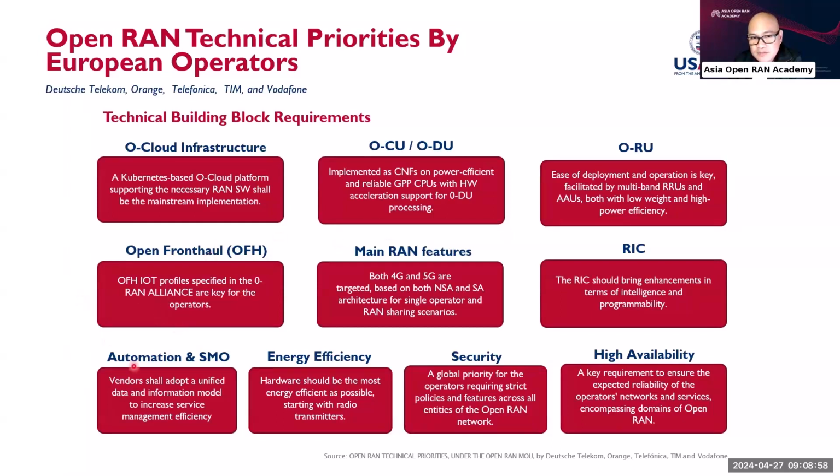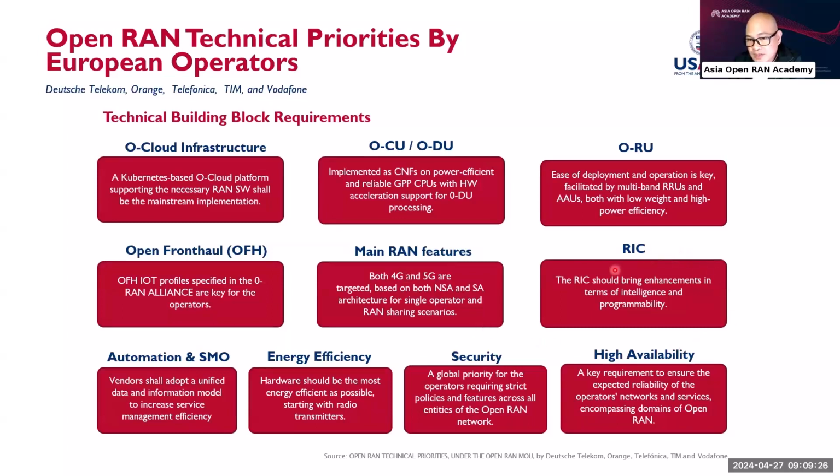There's also a definition of the open fronthaul, RAN features. For example, for the RAN features, both 4G and 5G are targeted and should be both also based on NSA and SA in terms of 5G architecture for single operator and RAN sharing scenarios. Okay, so they want to have these features in the Open RAN system.